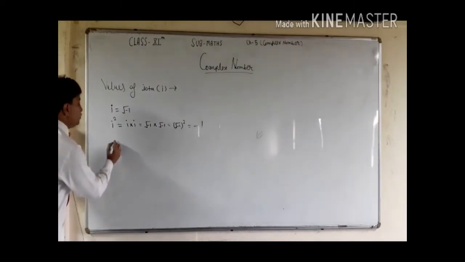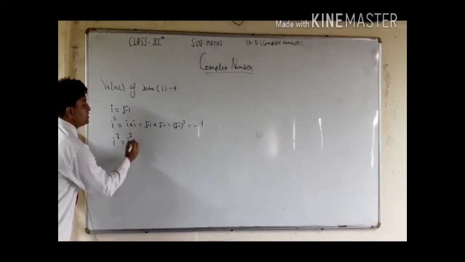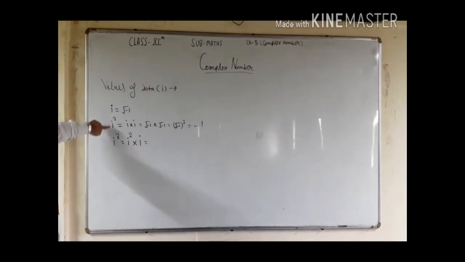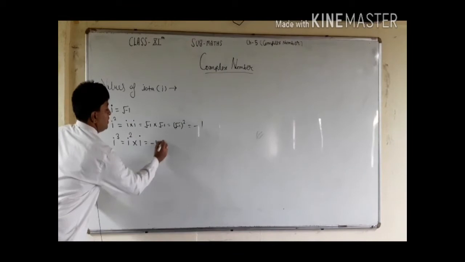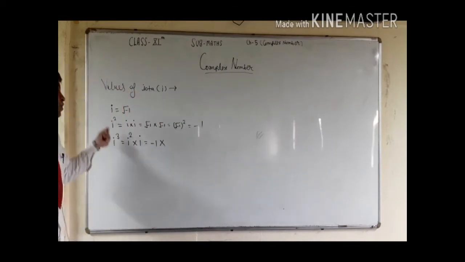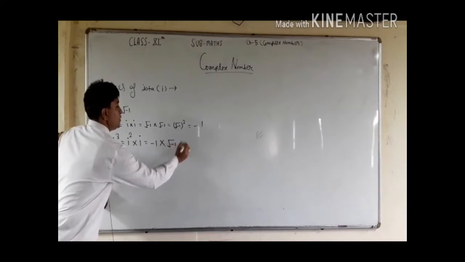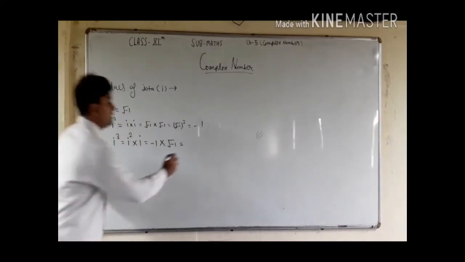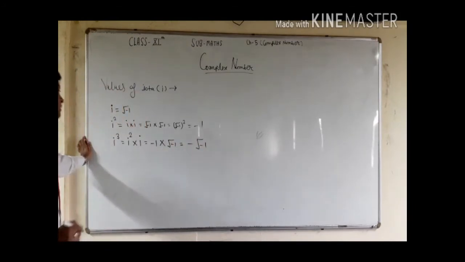Now iota power 3. Iota power 3 is iota square into iota, and we know that iota square is equal to minus 1 and the value of iota is root minus 1. So we find the value of iota cube is minus root minus 1.